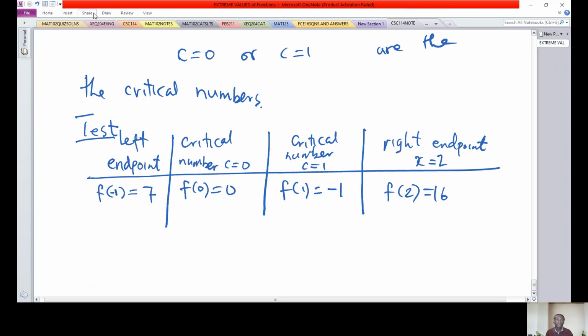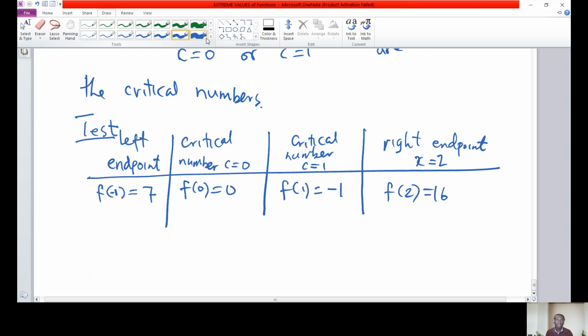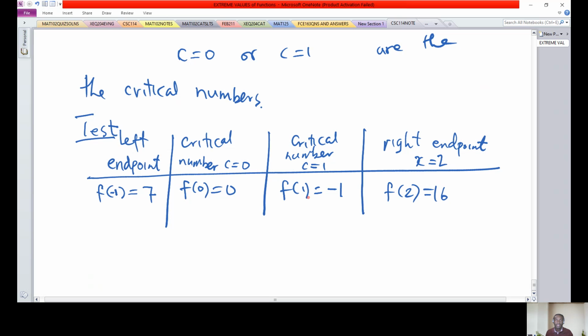Clearly, when you compare all these numbers, this is the least value, so this is the minimum, and this is the maximum.